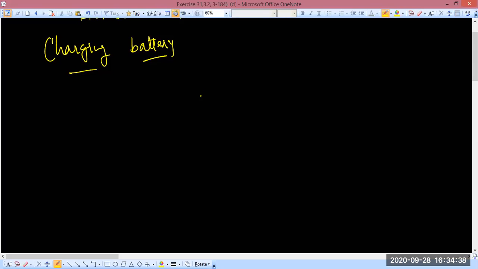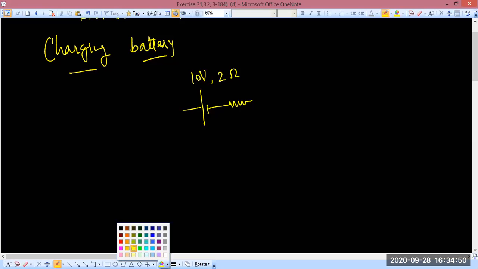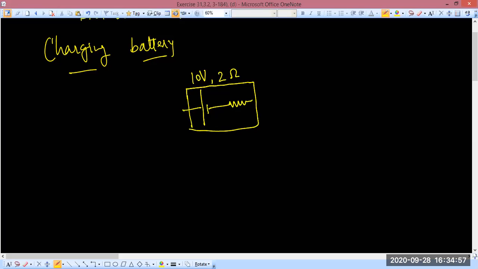So for example, here we have, let's say, a 10-volt battery, but it has internal resistance of 2 ohm. Okay, right? Let's say here we have a 10-volt battery but with internal resistance of 2 ohm, right?